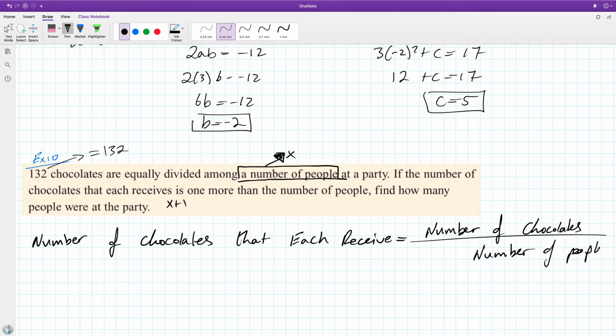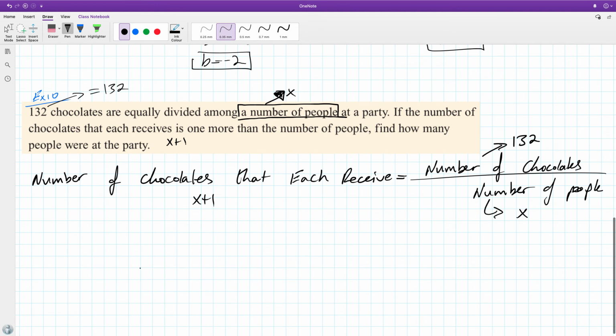You have to be able to understand this logically before you can dive into it. Do we know the number of chocolates? Do we know the number of people? No, but we call it x. Do we know the number of chocolates that each is going to receive? x plus 1. Can we create an equation out of that?